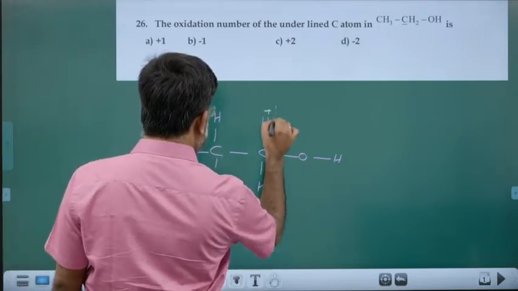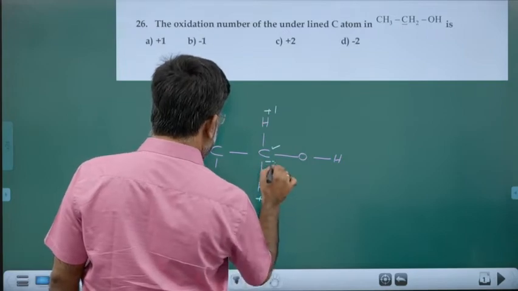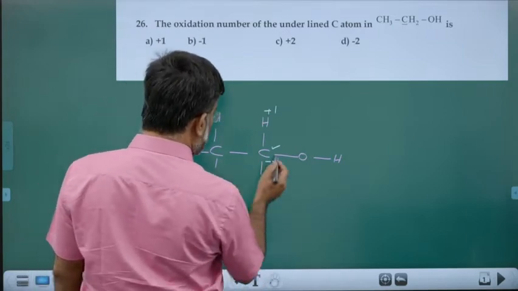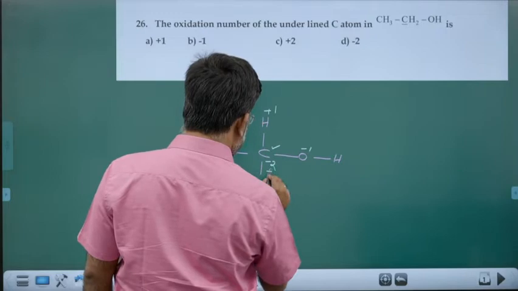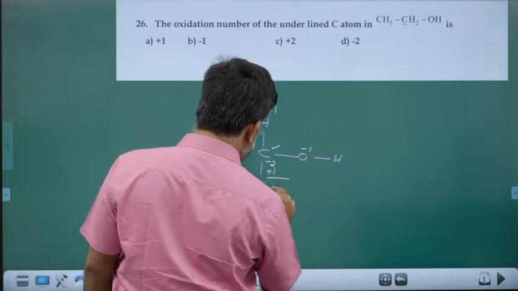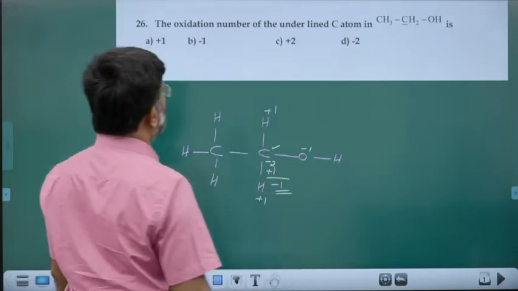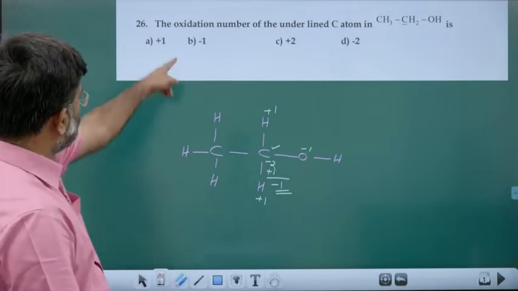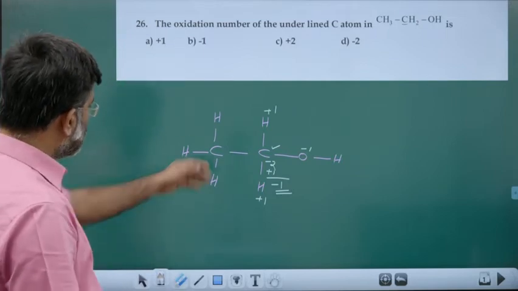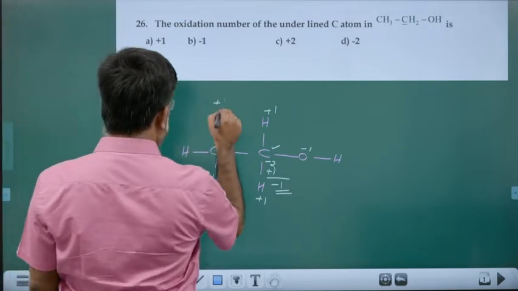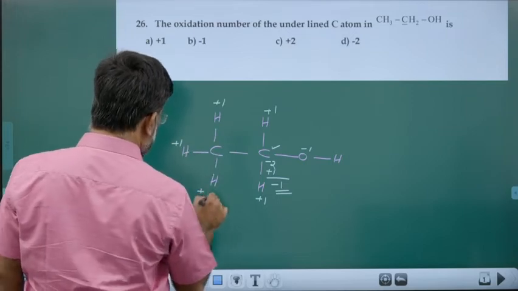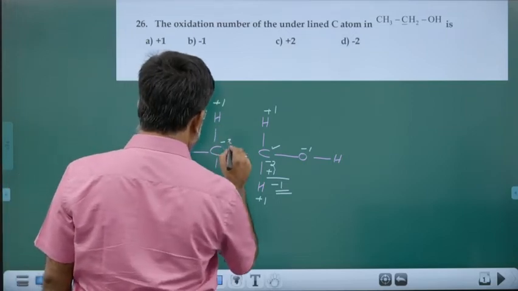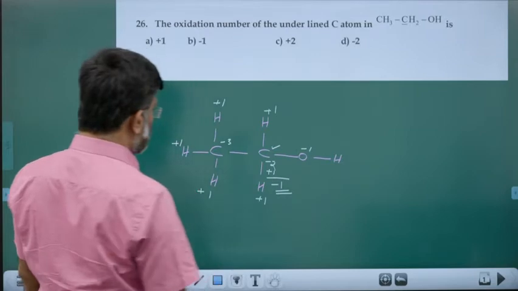So it is plus 1, minus 2. Here it is 0. Here it is minus 1, plus 1. So the total is minus 1. Answer is minus 1, option B. What about this carbon atom? It is plus 1, plus 1, plus 1, plus 3, and this will be minus 3. This contribution is 0.